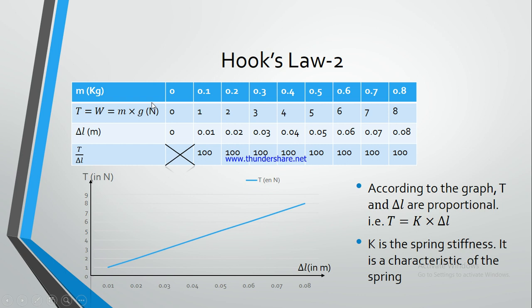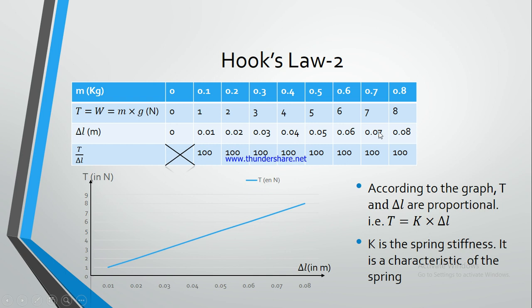So we consider different balls of different mass, and we find the tension using the equilibrium m times g. For 0.1 times 10 it's 1, and for 0.2 we have 2 Newton, and so on. And we can measure the elongation delta L using a ruler.